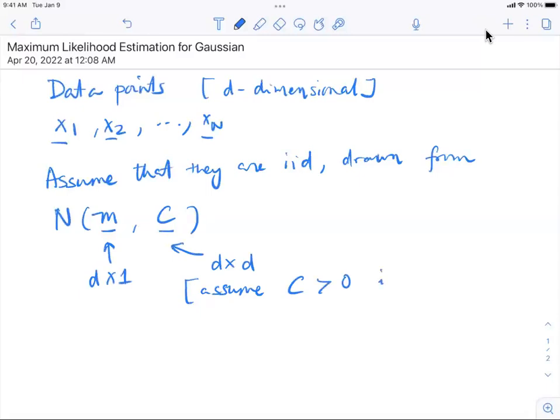And so basically the distribution is characterized by this parameter theta that consists of m and C.